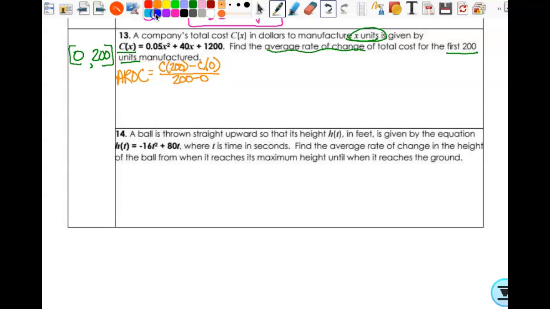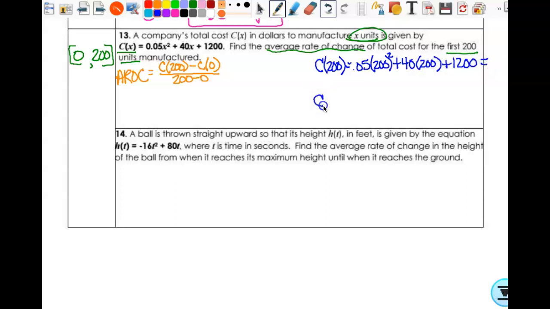So then I'm going to go off to the side over here. I'm going to find C of 200. So that's going to be equal to 0.05 times 200 squared plus 40 times 200 plus 1200. We'll type that in a second.